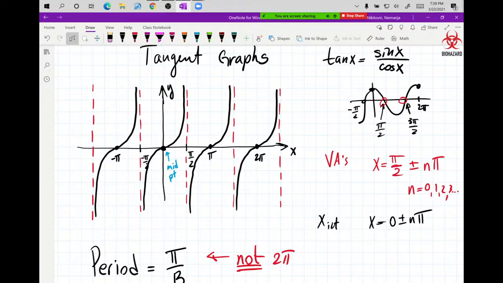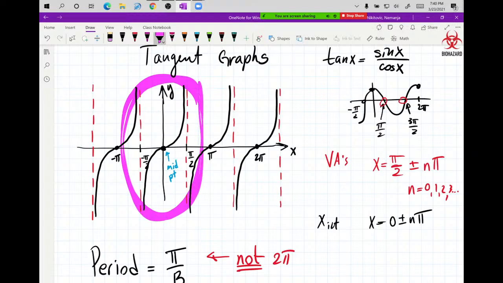And we still have the same thing as with sine and cosine: when you take the parentheses and set it equal to 0, you find your start point. Now you find your midpoint. And how do we know we're supposed to set it to 0? If you take a look at what I call the vanilla graph, the parent graph, the default case, you see that the midpoint goes through (0, 0).